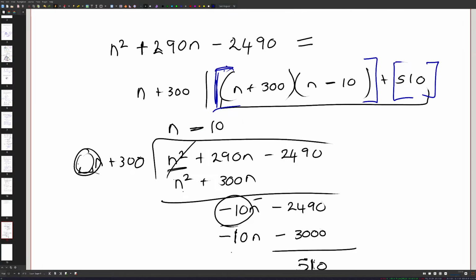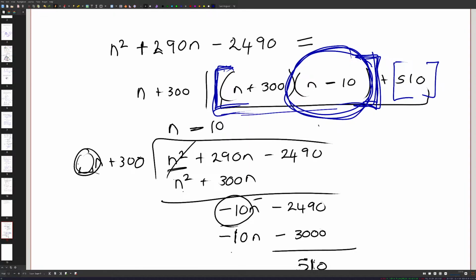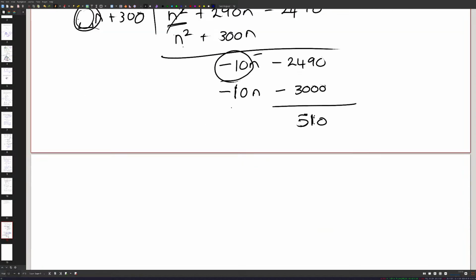Because the reason that this thing is divisible by n plus 300 is that this bit on its own is an integer whenever n is an integer. But if we had fractions in here, then this wouldn't be guaranteed to be an integer. So this wouldn't be guaranteed to be a multiple of n plus 300. But I think that's more complicated than what we need to worry about right now.